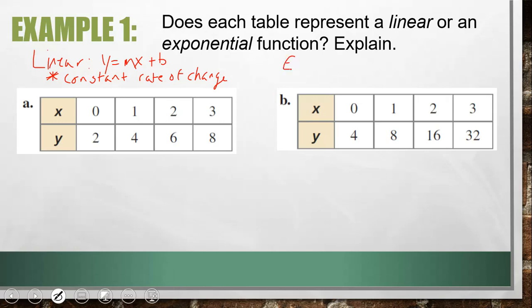When we're talking about an exponential function, we're talking in the form y equals a, and then in parentheses, b to the x power. So it's exponential because it's being raised to a certain exponent. In this case, we have a common ratio or constant factor.